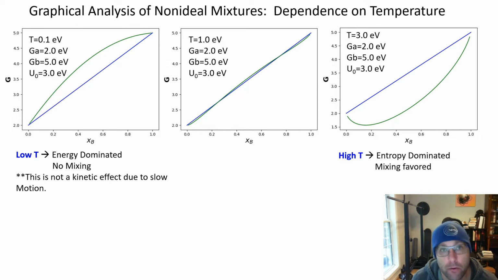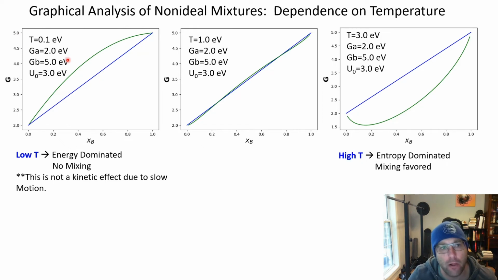But another important point, and probably the point that is of most practical value in the lab, is let's say you've got a fixed U_0 because you know what materials you need to mix. What is the effect of temperature on the question of mixing versus not mixing?